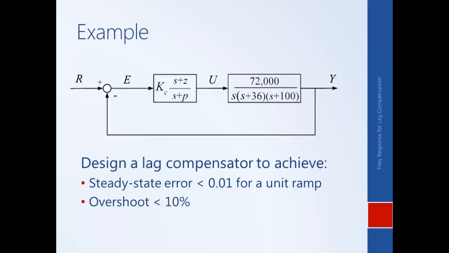So here's our example. We have a plant, we have a lag compensator, and we want to design the lag compensator to achieve a steady state error less than 0.01 for a unit ramp reference, and to achieve a maximum percent overshoot of less than 10%.